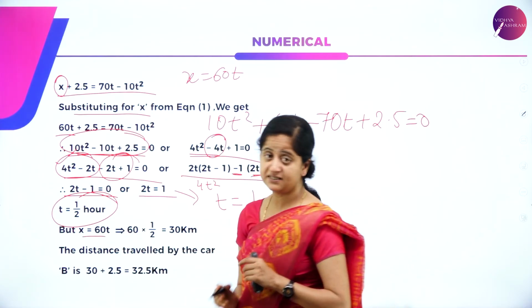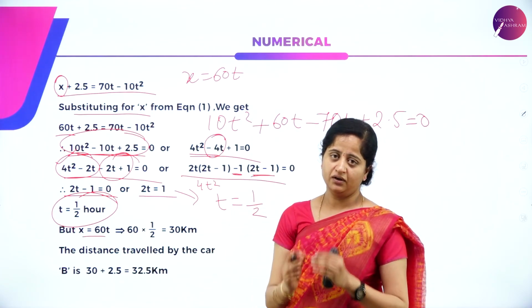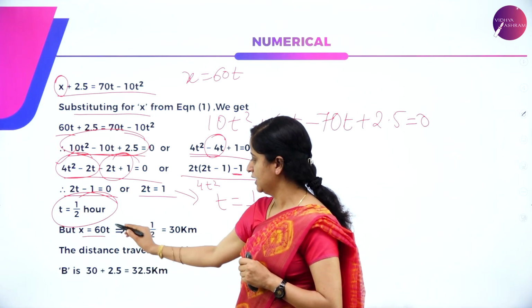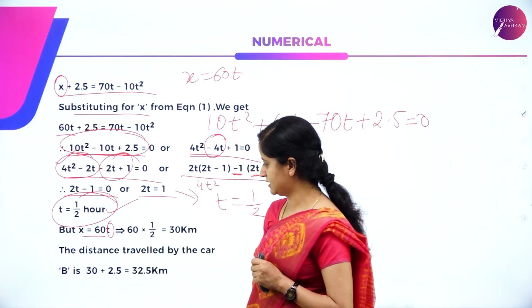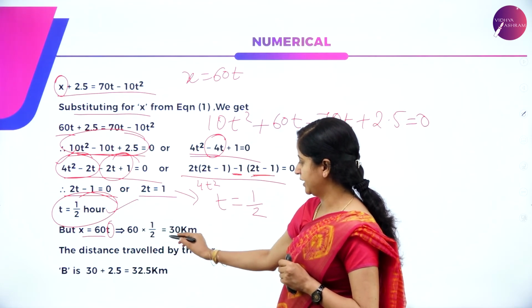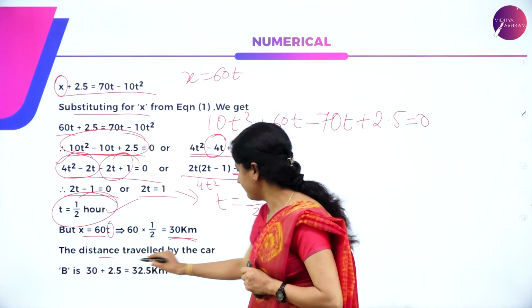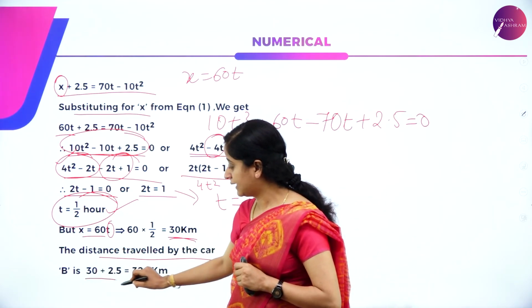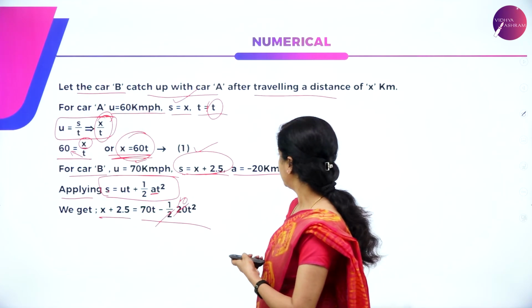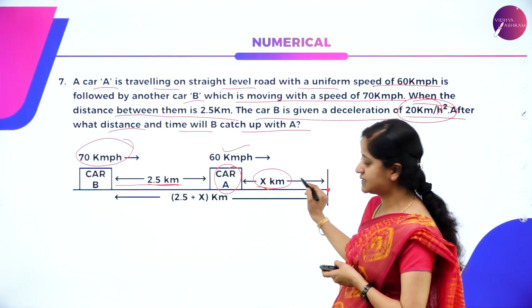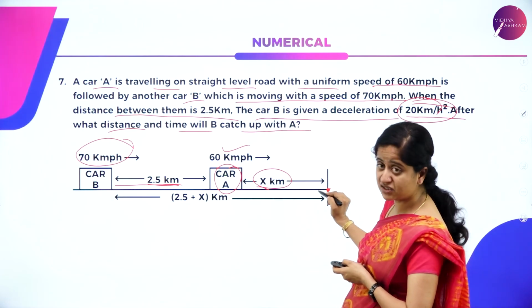But we know the distance also we have to find. How to find this distance? From equation 1 we have x is equal to 60t. In the place of t we can substitute this value, that is 60 into 1 by 2, which will give us 30 kilometer. So the distance travelled by car B is 30 plus 2.5, because in the question I have shown you already, 2.5 plus x is the distance where they actually meet.